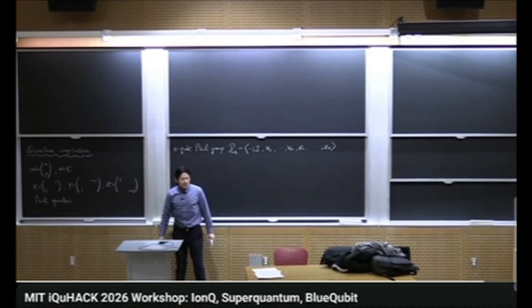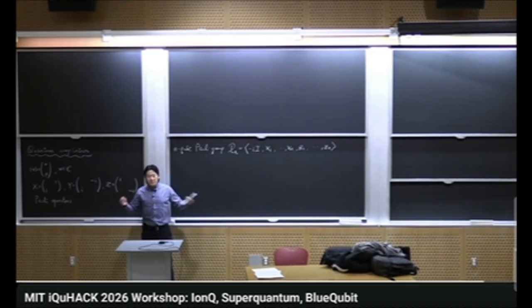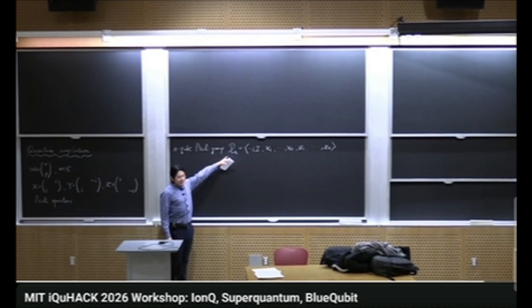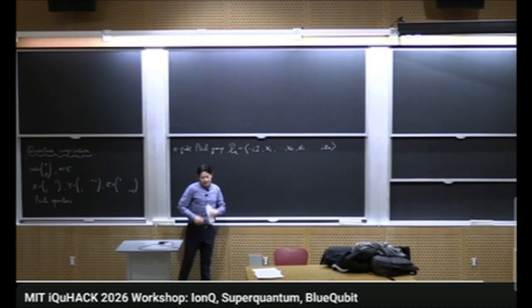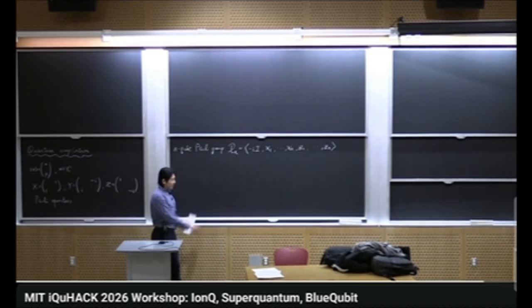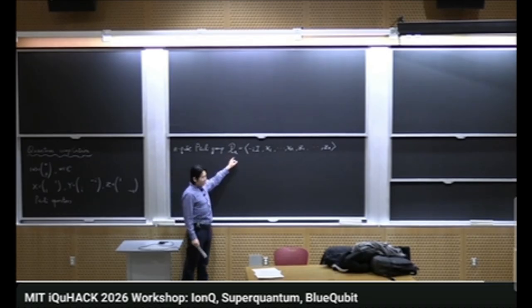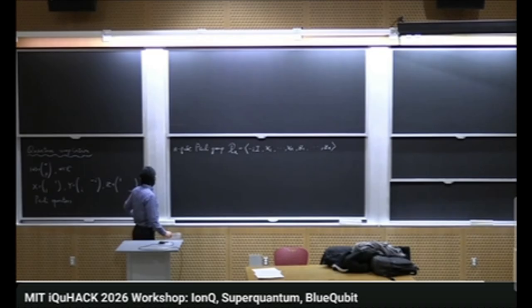Just as a quick show of hands, how many of you know what a group is? A mathematical concept. Okay, that's great. So this is the rigorous way to describe all the things that you can do, at least the basis of all the things that you can do to n qubits in terms of these basic Pauli operators.